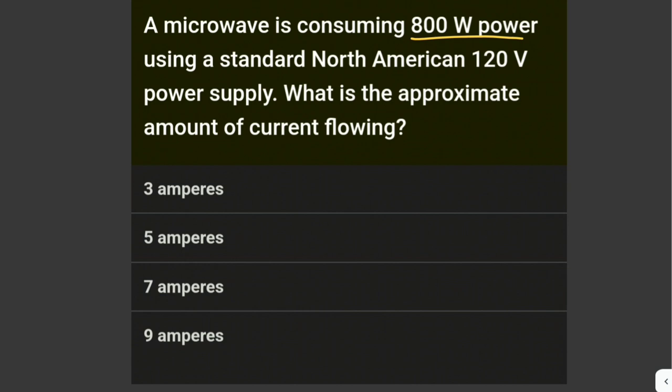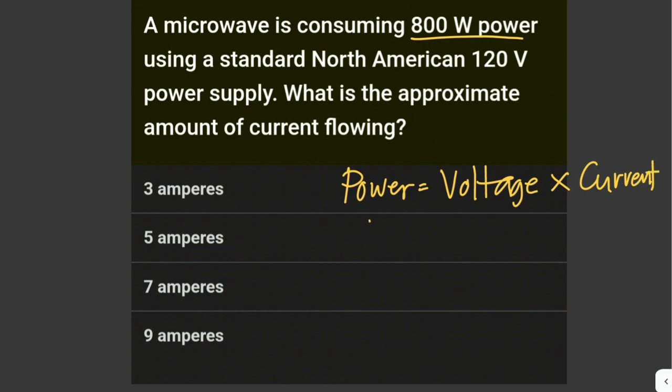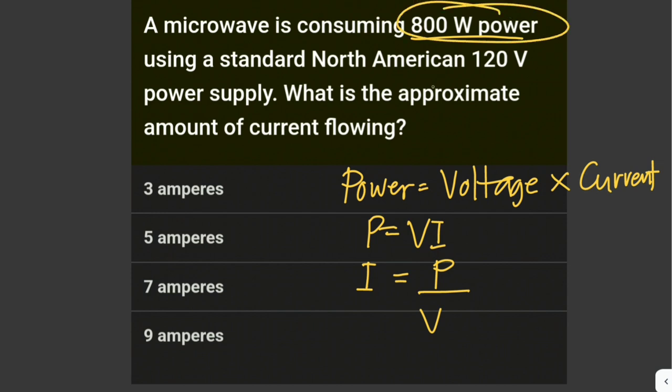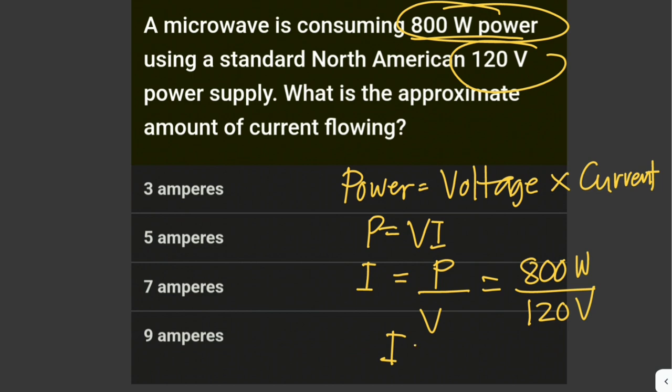So the formula of finding electric power is power equals voltage times current, or P equals V times I. So if we rearrange, we have current equals power divided by voltage, because we're given here the power and the voltage. So we just plug in all the values. 800 watts divided by 120 volts to get the current in amperes.